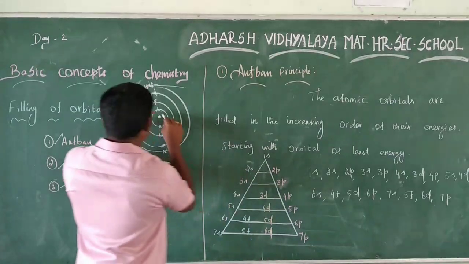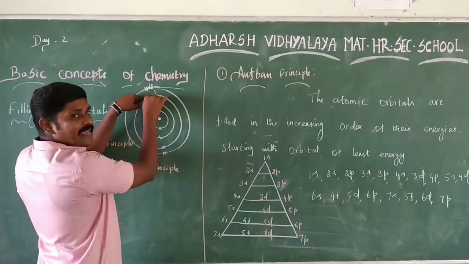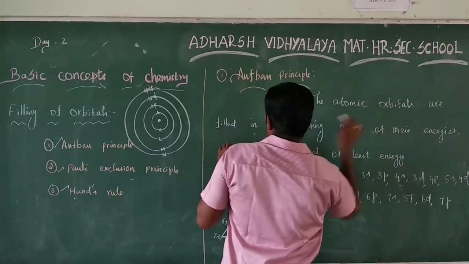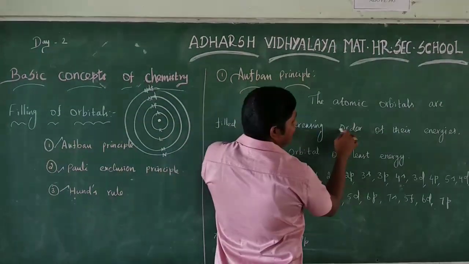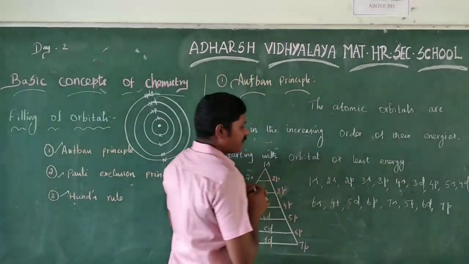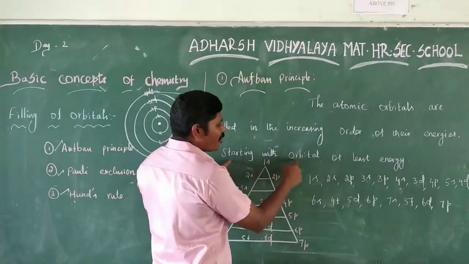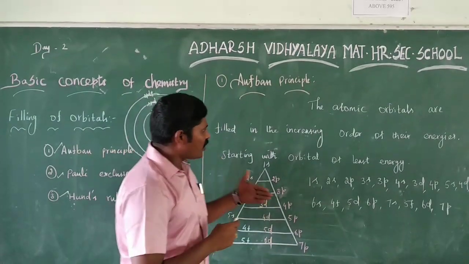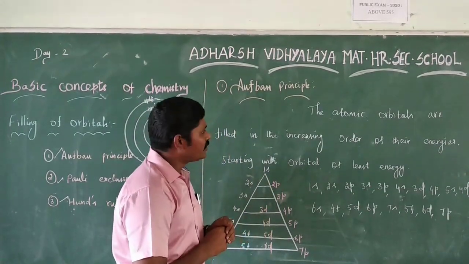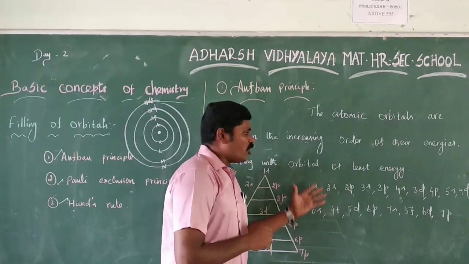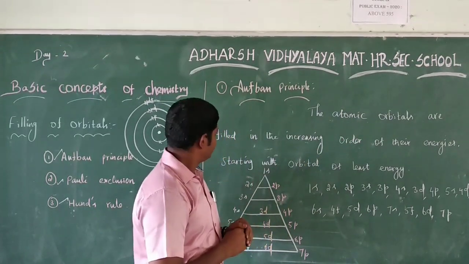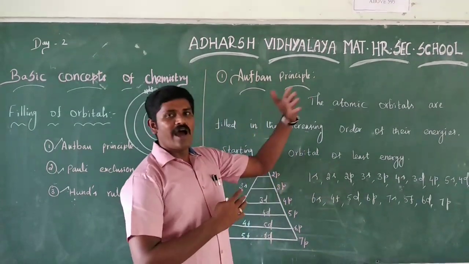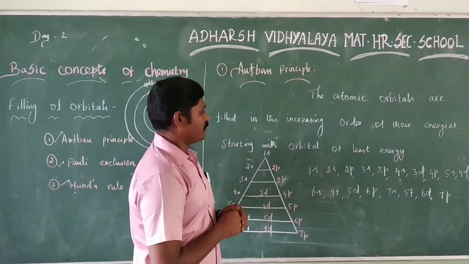The atomic orbitals s, p, d, f are filled in the increasing order of their energy, starting with the orbital of least energy, going from least energy to higher energy.